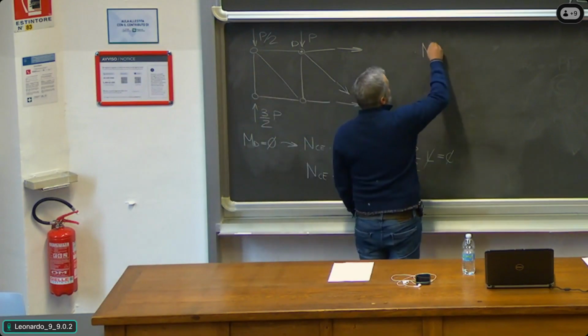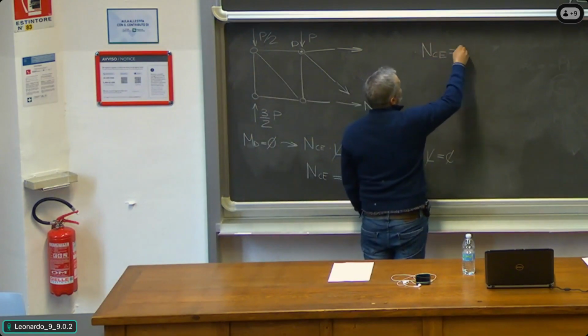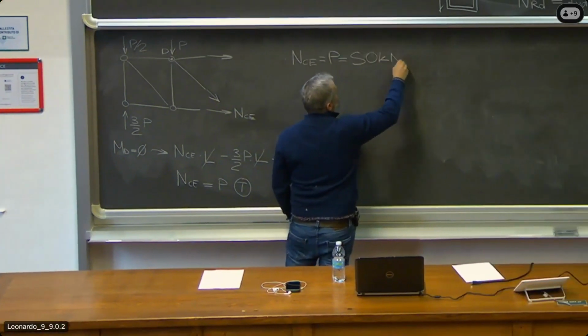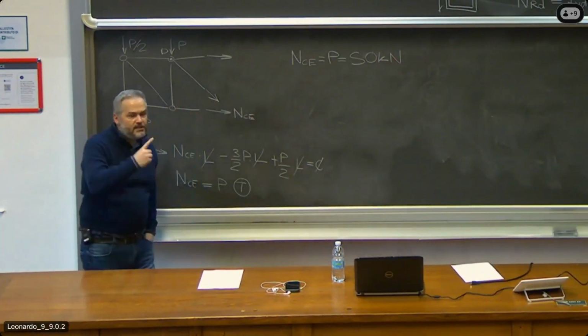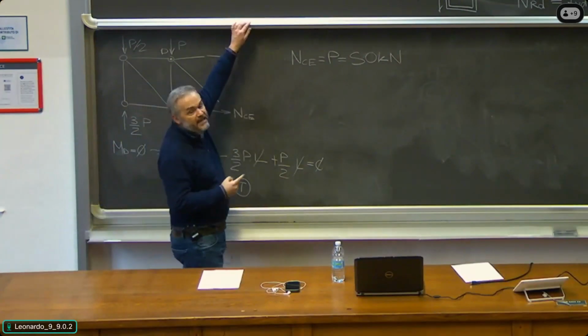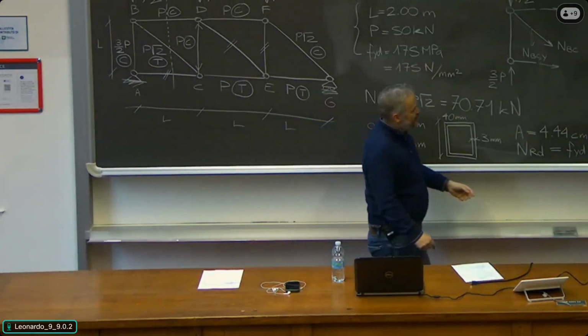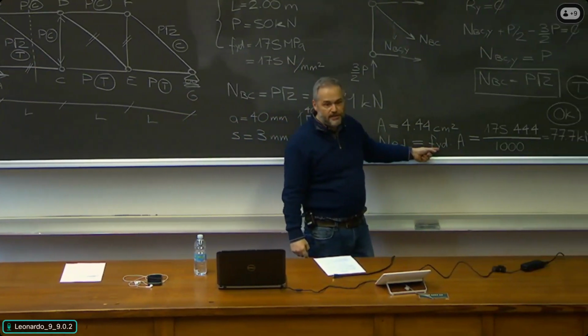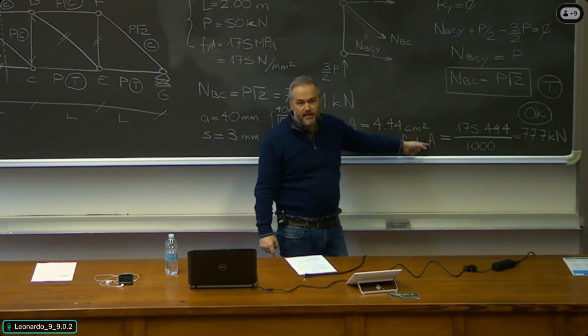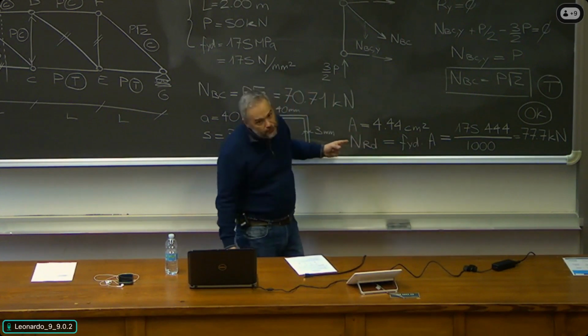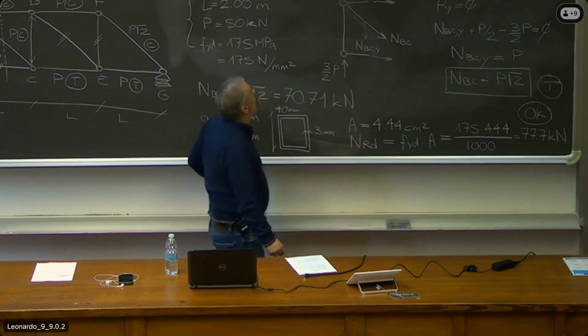What is the force applied in NCE? So if it's P, it's simply 50 kilonewtons. What is my design equation? Basically, let's quickly go back. If the resisting axial force is Fyd times A, I have to determine the minimum area by making sure that at least this number here is equal to the applied axial force.